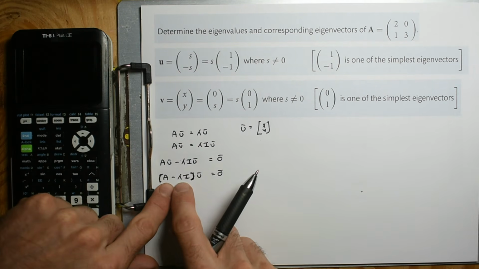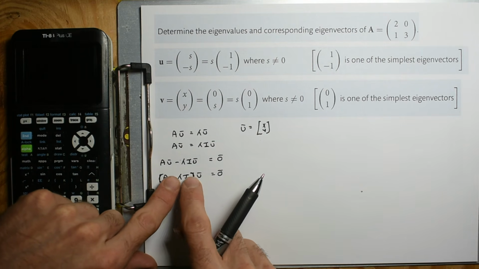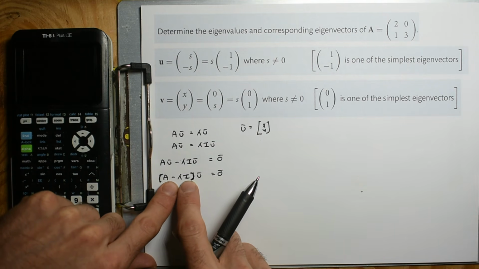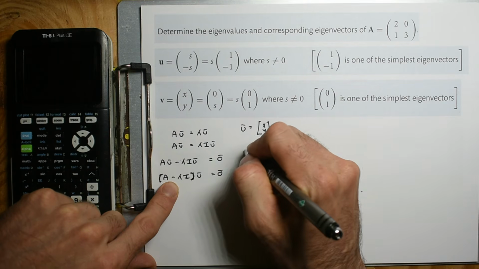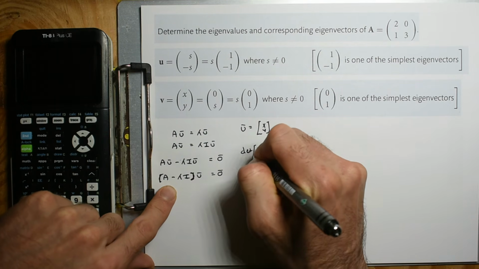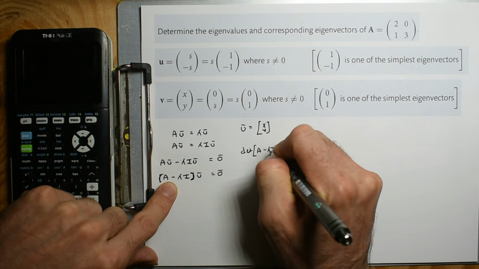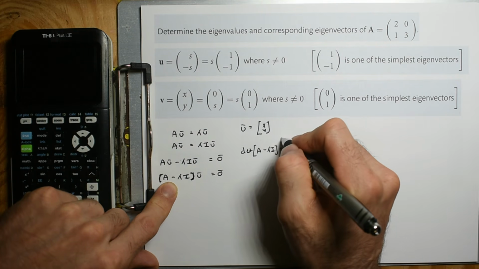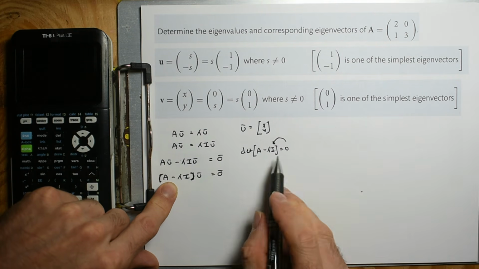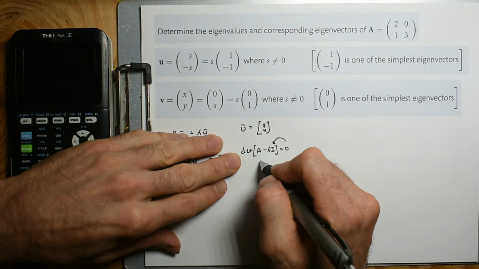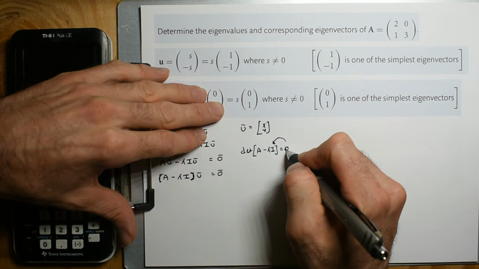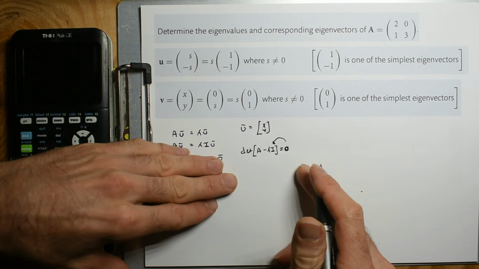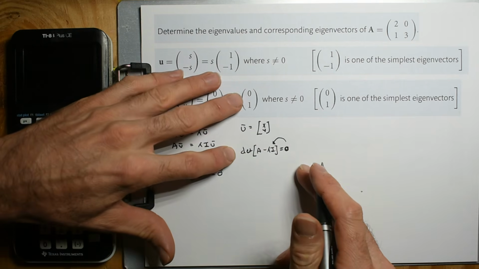So what we're going to do is find its determinant, so I'm going to set the determinant of this matrix equal to 0, and I'm going to solve for this scalar. Because the determinant of a matrix is just a scalar number, and so we're going to say that's equal to 0. Cool.